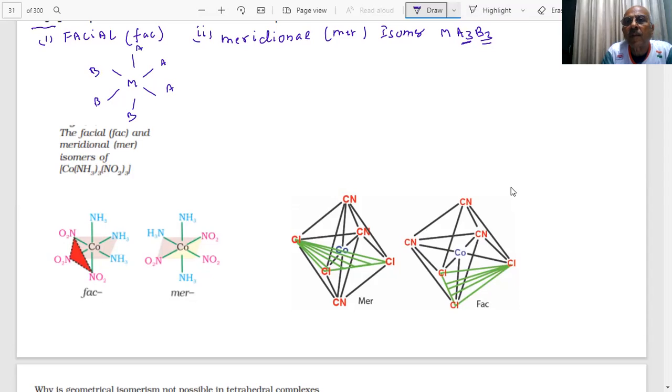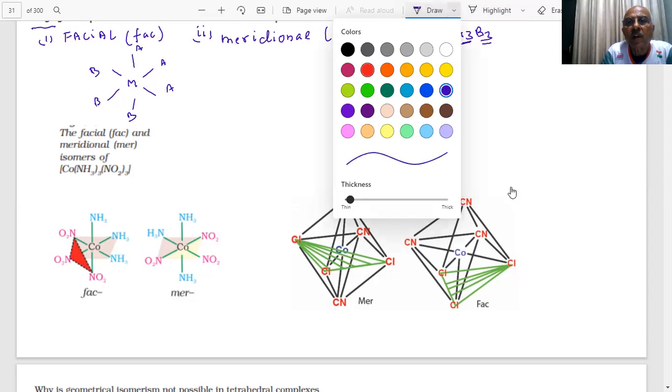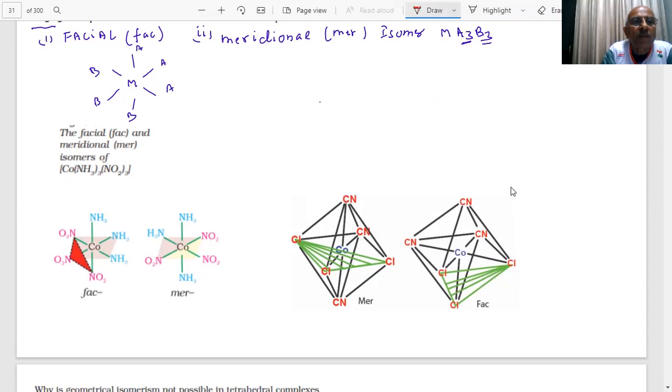Interesting. What do you see here? If I join this line, you see a triangle. And similarly, if you join these lines, you see another triangle. See that? And this is called fac, students.